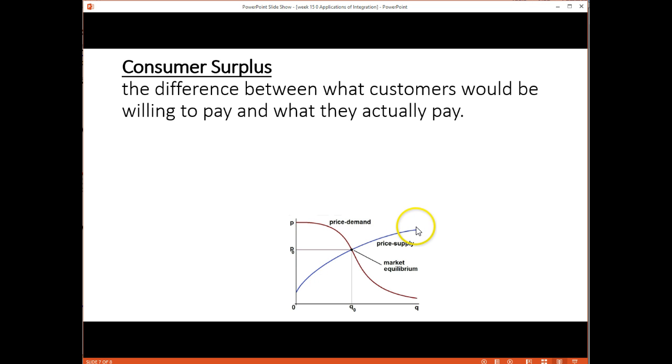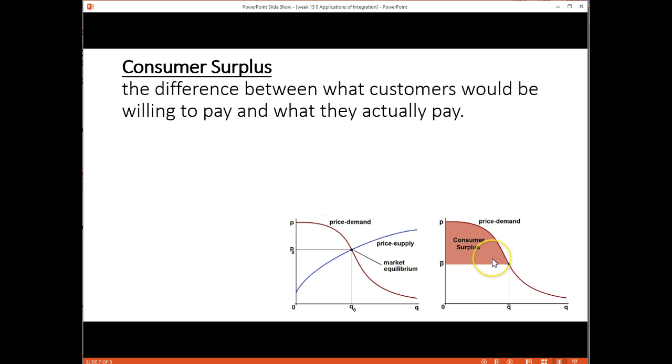The price increases as the quantity increases as well. We have an equilibrium point here, where the demand and supply curves intersect, and that's usually the selling price. Now, there's something called consumer surplus, which is over here.